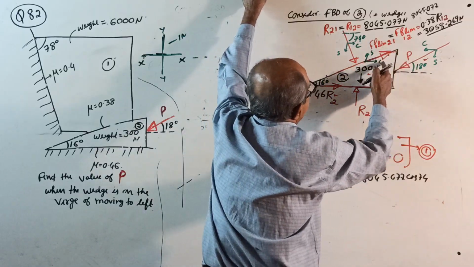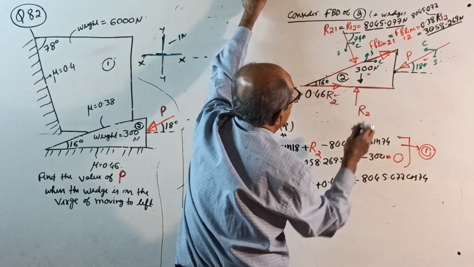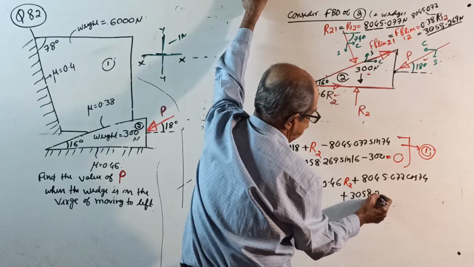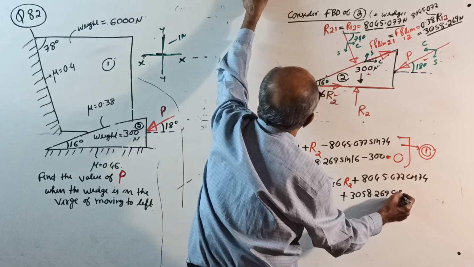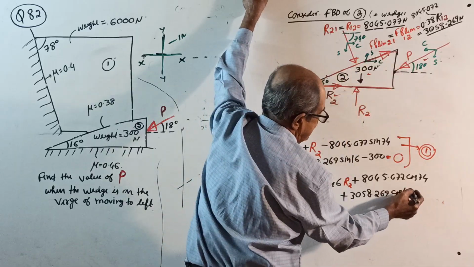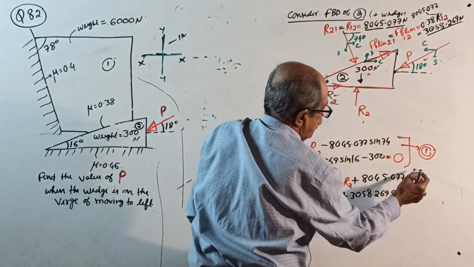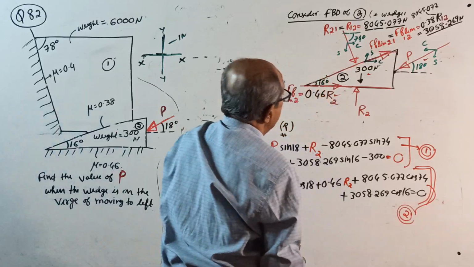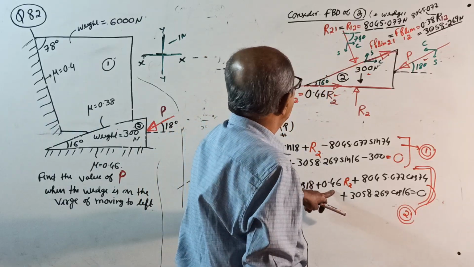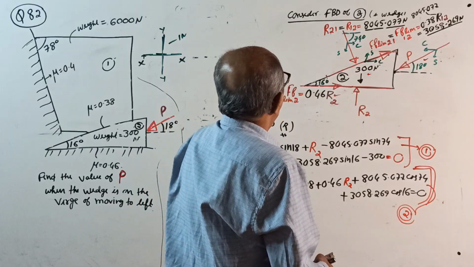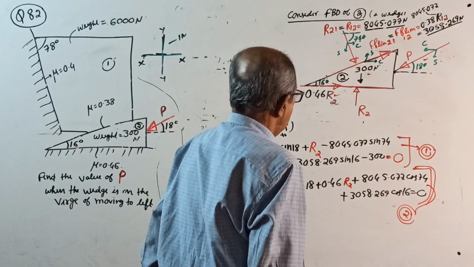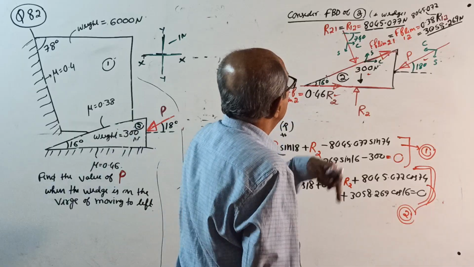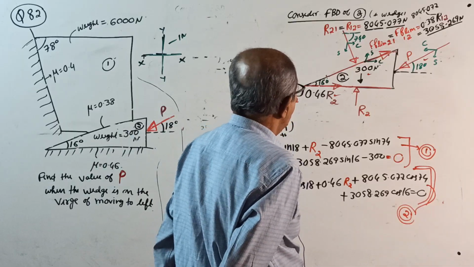Lastly, plus 3058.269 into cos 16 equal to 0. You call this equation number 2, double round. Okay, check once again. Minus P cos 18 plus 0.46 R2 plus 8045.077 cos 74, both are on the right side, plus 3058.269 into cos 16 equals 0.